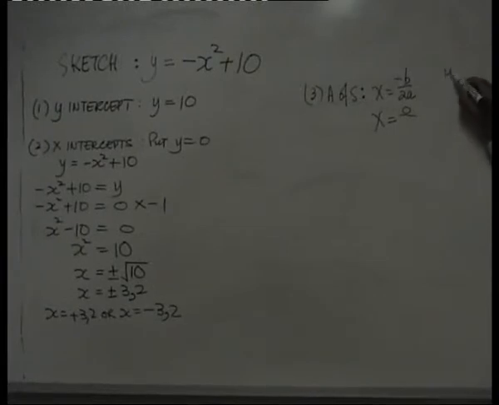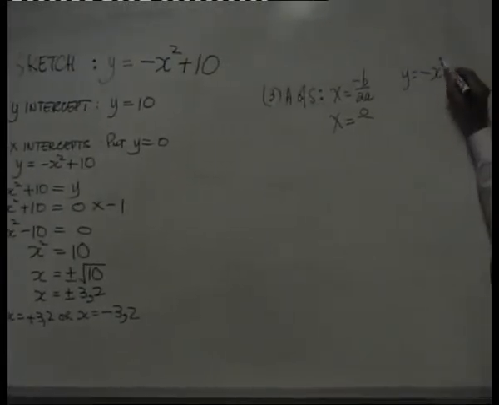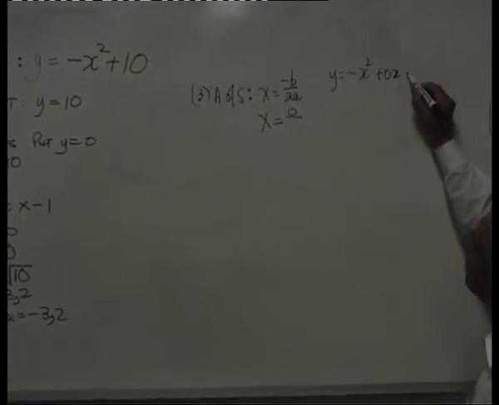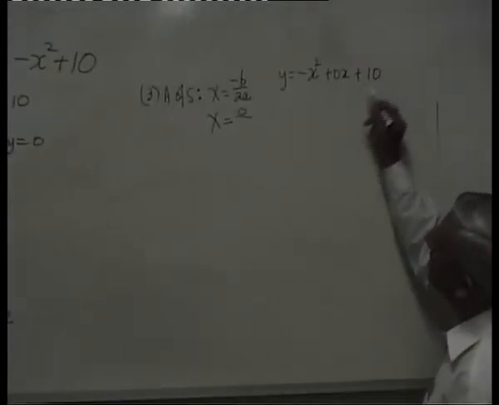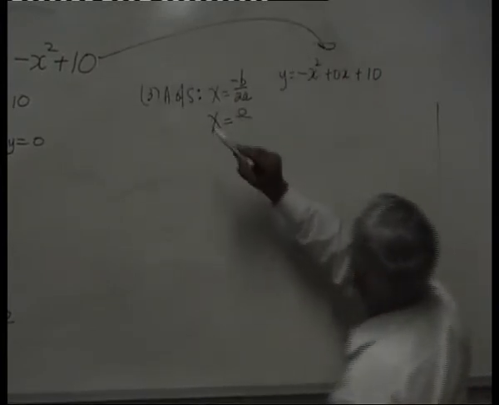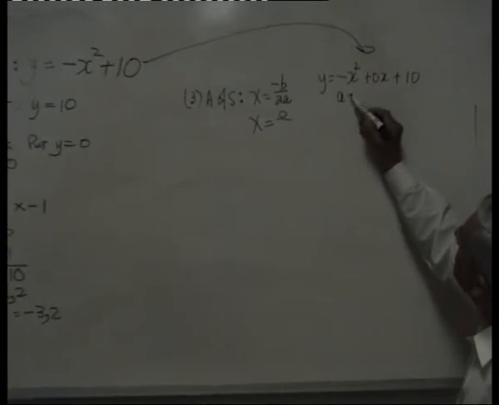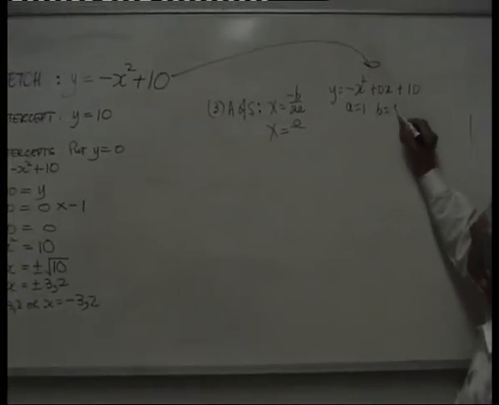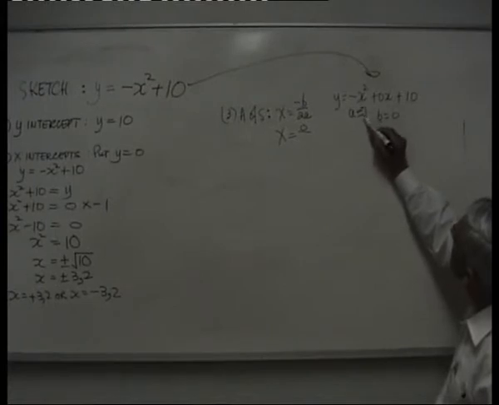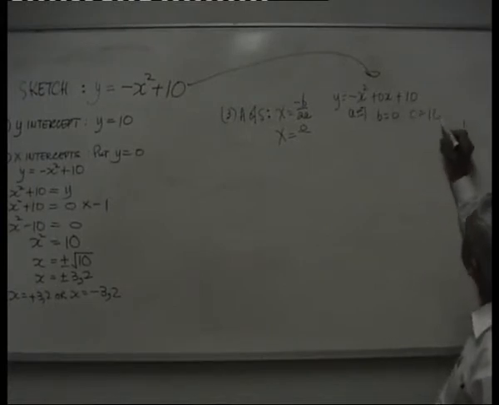Remember, y is equal to minus x squared plus 0x plus 10. You see, that can be rewritten like that. Then clearly a is minus 1, b is 0, and c is 10. So you must be clear about that in your mind.